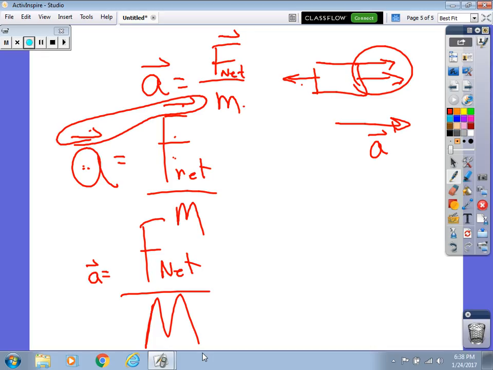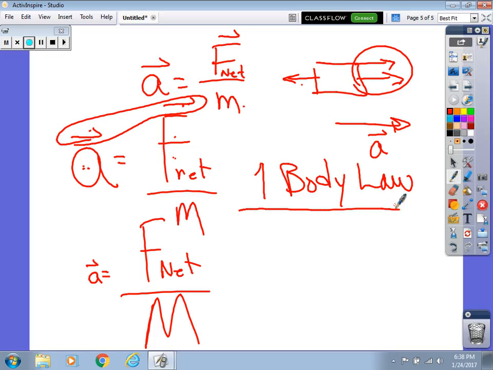The most important thing that I want you to get from this conceptual stuff is this idea of big, small, that these guys are in the same direction. But it's this, and this is critical. This law is a one-body law. That's important. What do I mean by one body?